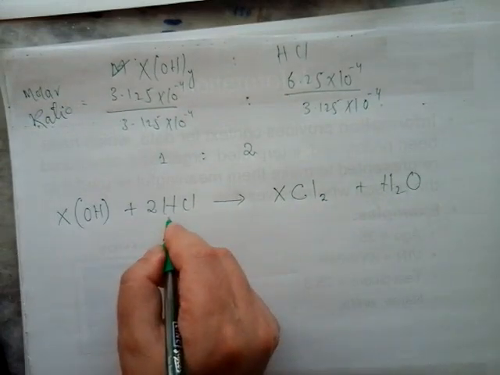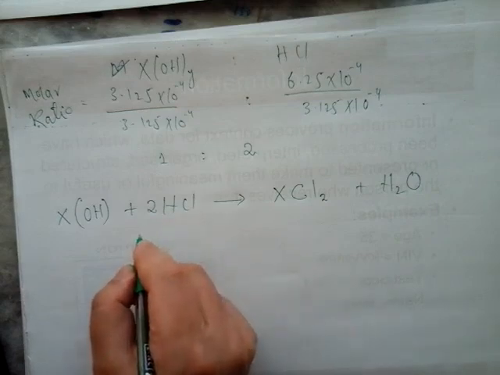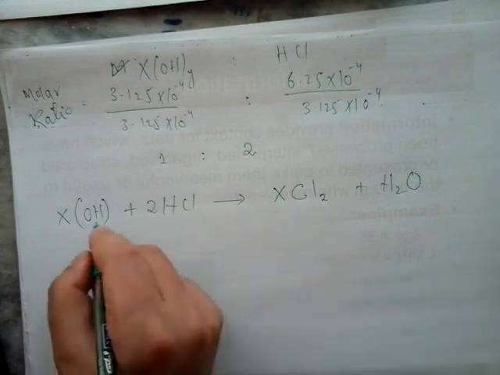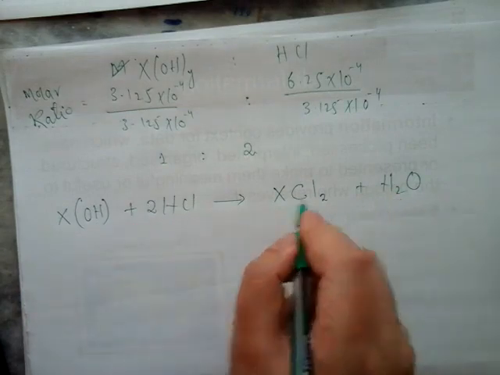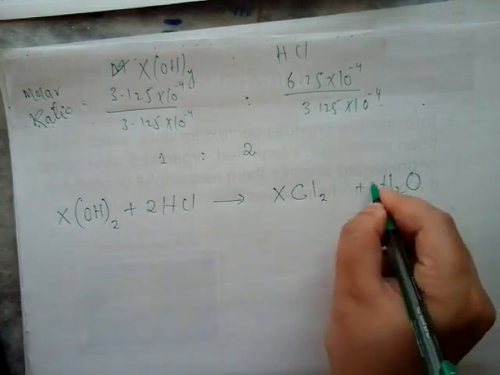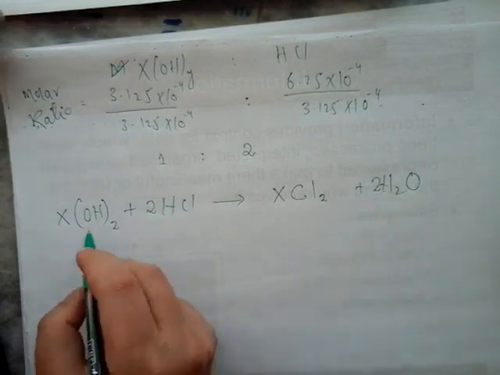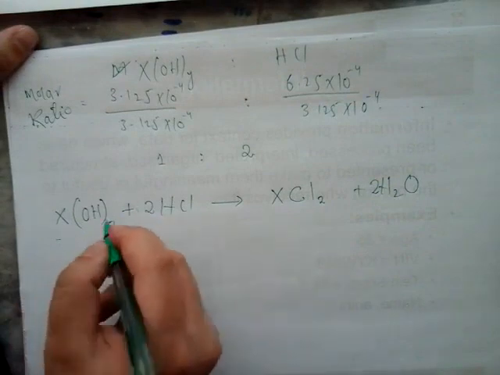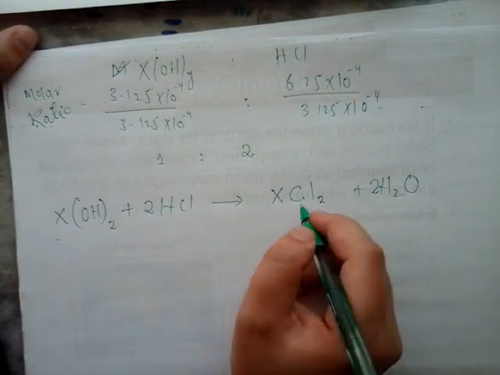Now if you see 2 hydrogen over here, so chlorine 2, and hydrogen must be 2 over here, 2 over here in order to balance the equation. So we find the formula of this unknown compound with the help of the stoichiometry.